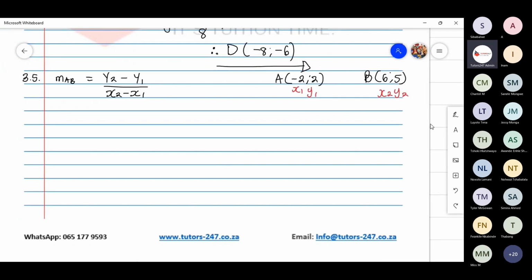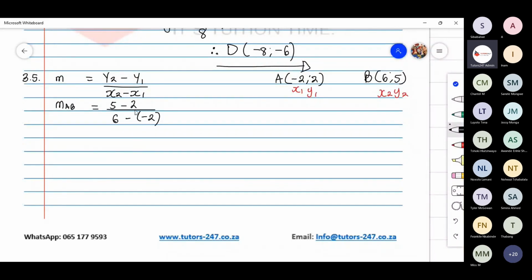Now from here, all I'm going to do is substitute into the equation. So the gradient, because we're finding the gradient of line AB, my subscript will be AB. Y2 is 5 minus y1, which is 2, over x2, which is 6, minus x1, which is -2.